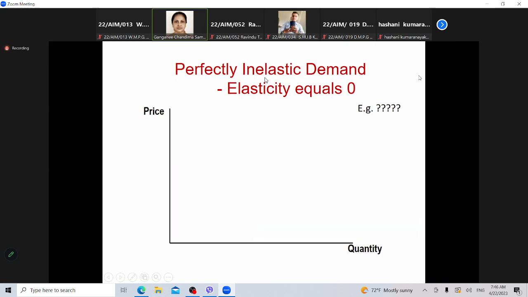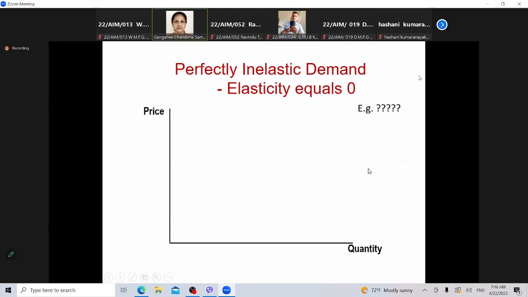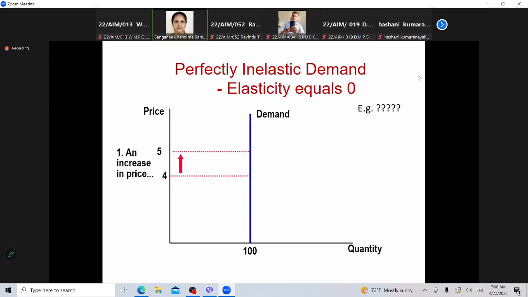If we consider normal inelastic, see, it is trying to come parallel to the y-axis, but still coming. That's why it is inelastic, not perfectly inelastic like this. Hope you understood. Okay. So let's say we take price changes. An increase in price, let's say from 4 rupees to 5 rupees.